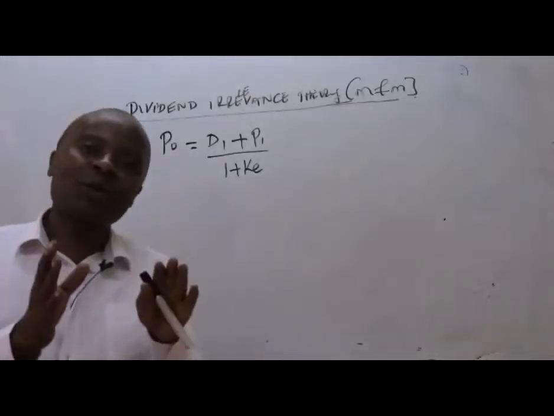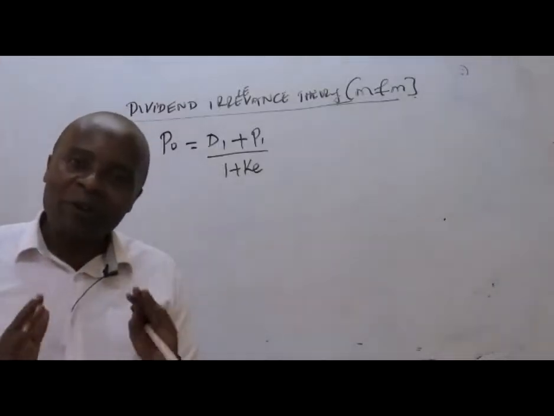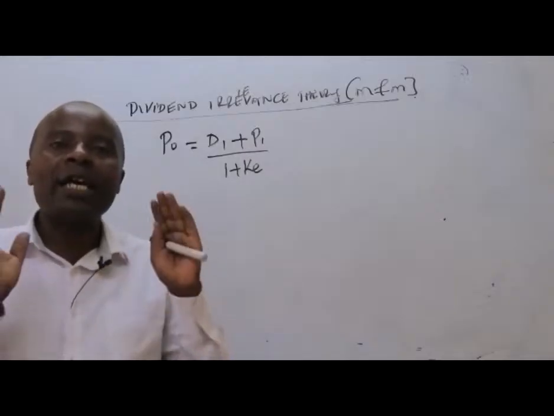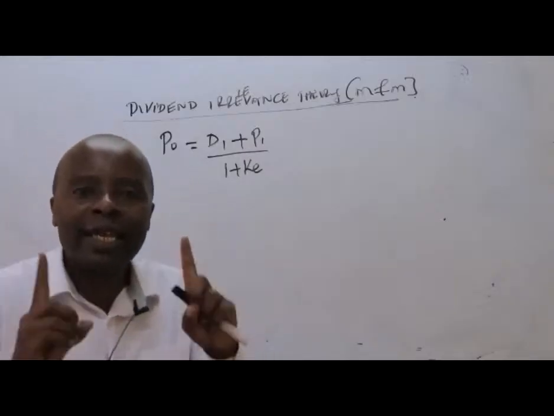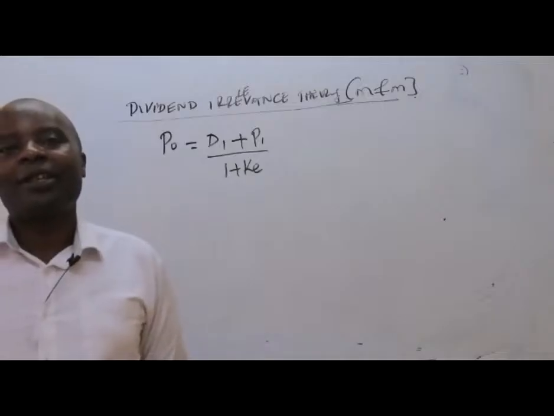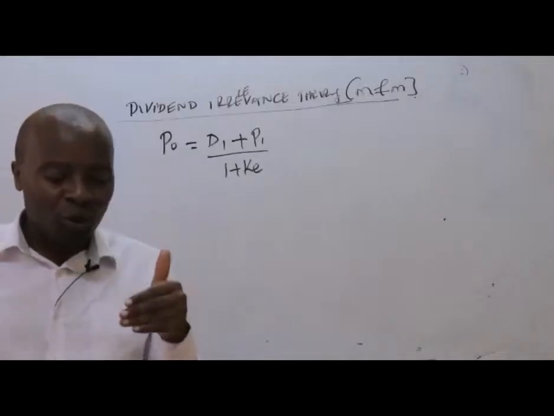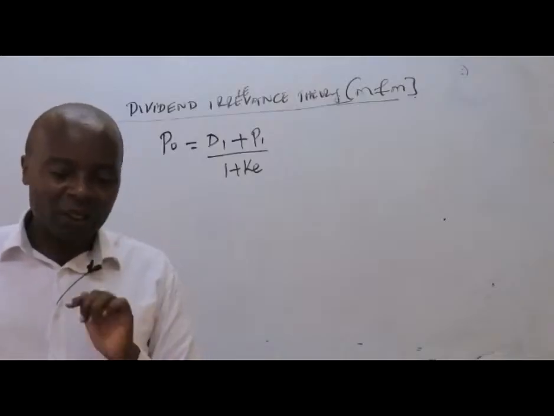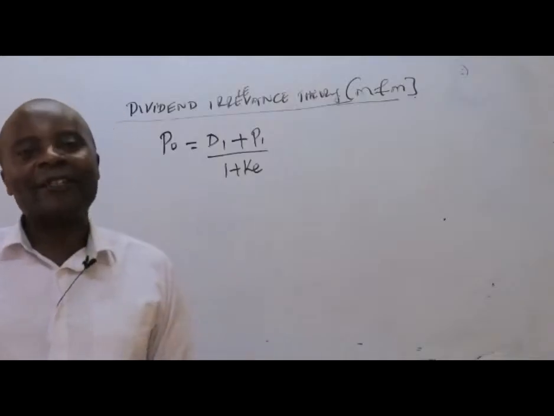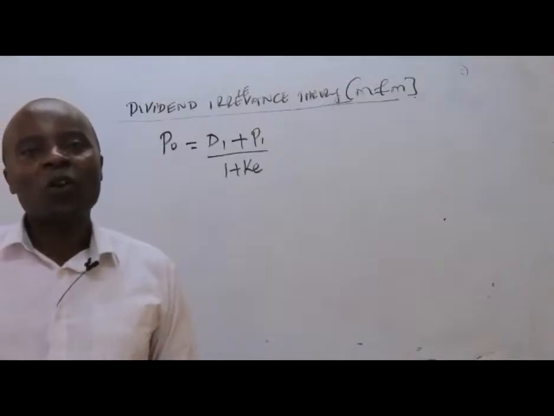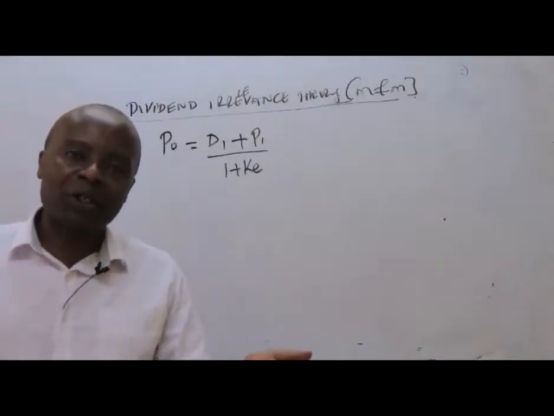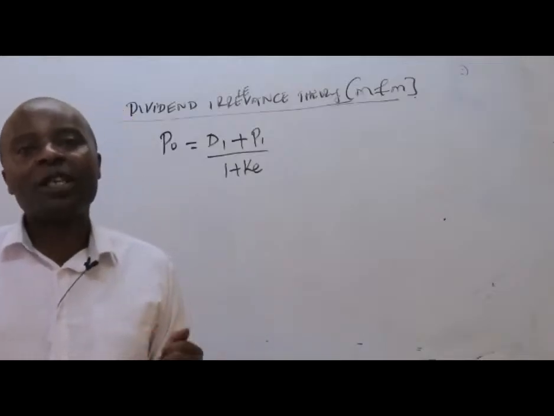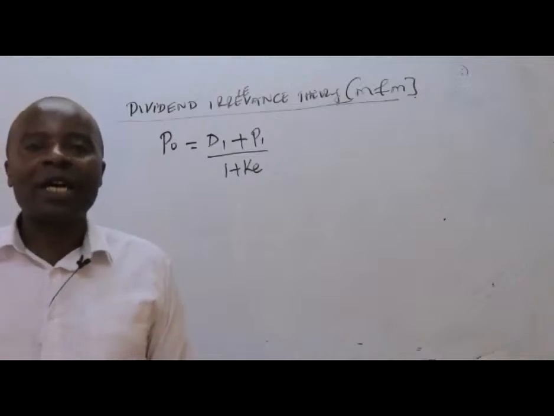This is not our usual valuation formula. This one is an important formula that we only use under dividend irrelevance. If you want to know your worth in terms of share price today, just look at the dividend you'll be getting at the end of the year, D1, plus the market price of that share at the end of year 1, and then you discount by dividing with 1 plus K.